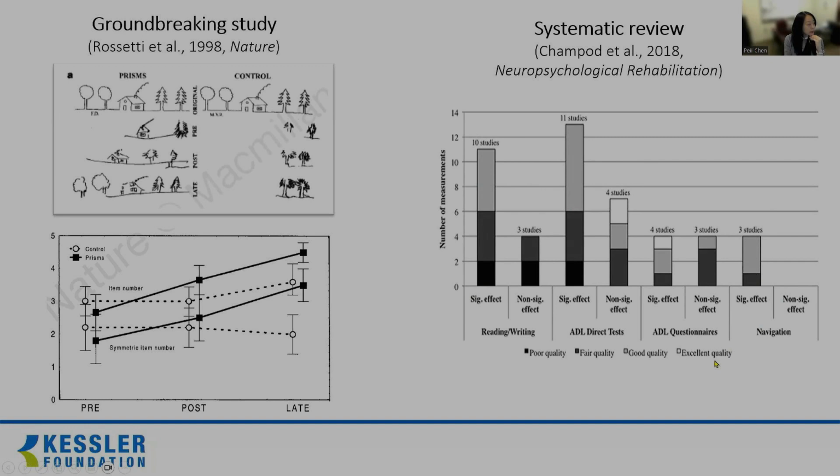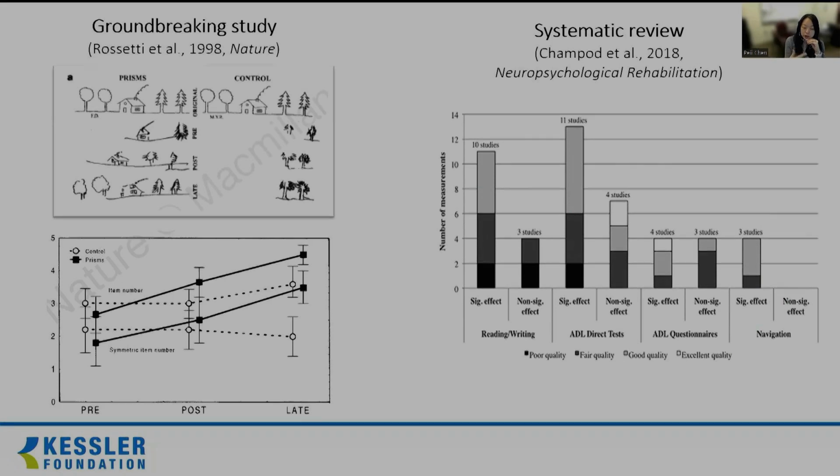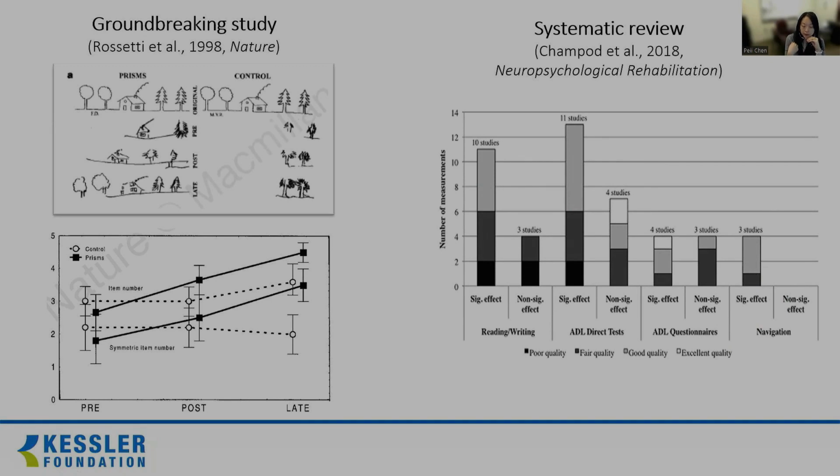This means that not all patients will benefit from prism adaptation. So there are new studies, including our study from our group, where we want to identify who can benefit from prism adaptation. If we can identify these patients early on, we will provide the treatment. For patients we think may not benefit from the treatment, they should receive other types of spatial neglect therapy.